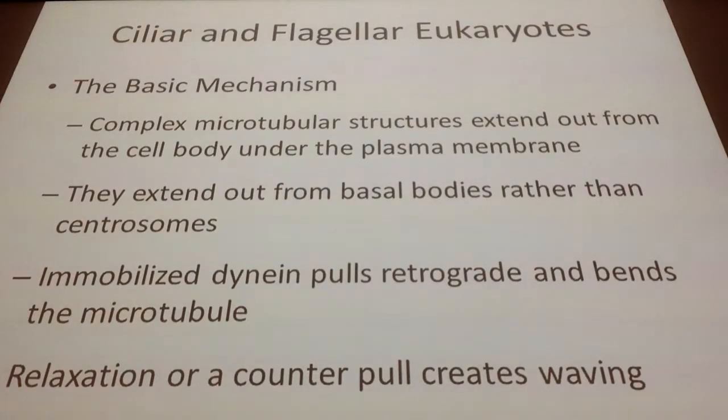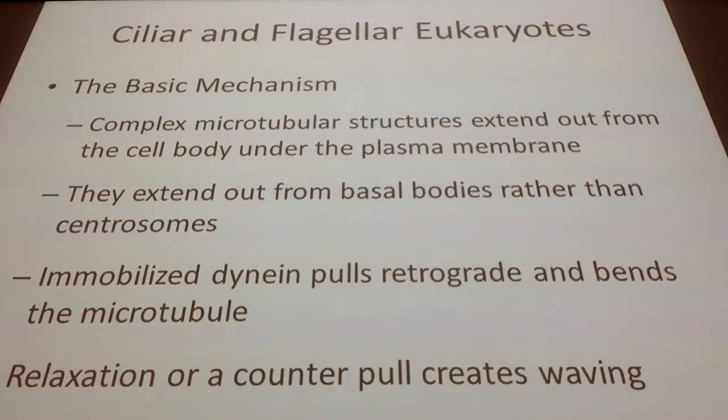Here's how flagella or cilia whip around, and this is very important: immobilized dynein. Where have we talked about dynein before? Dynein is normally used for intracellular movement. Dynein grabs a hold of whatever it is and then walks along the microtubule.